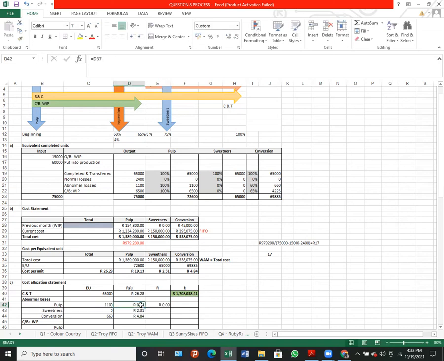Why here my amount is 0, guys? Amount is 0. Why? Correct.